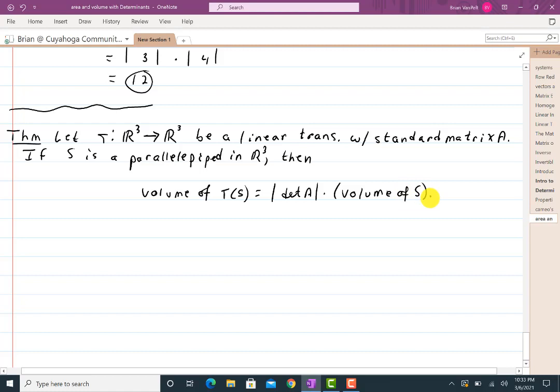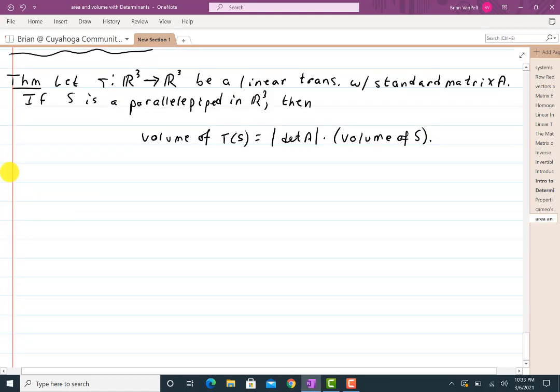So the proof I'm going to do not exactly completely 100% in detail, just because it follows so closely to the other proof. We can define the parallelepiped in a fashion that is completely analogous to a parallelogram.